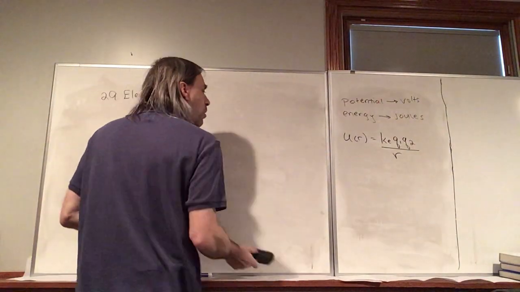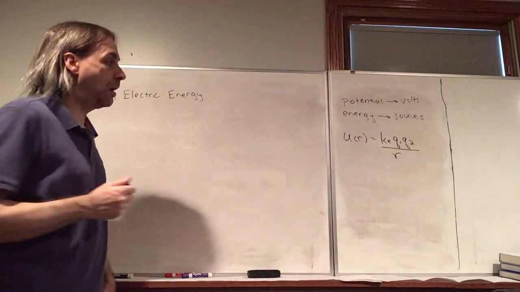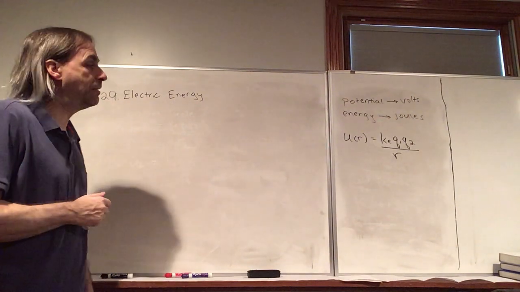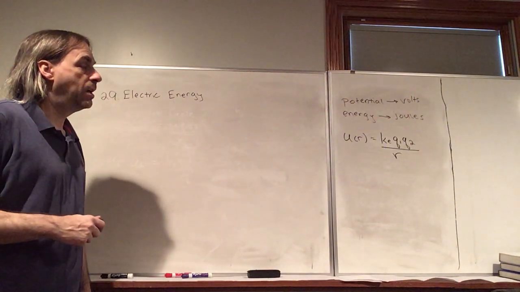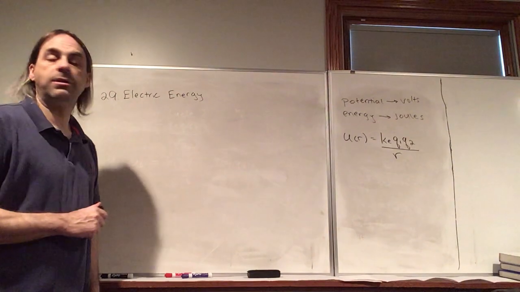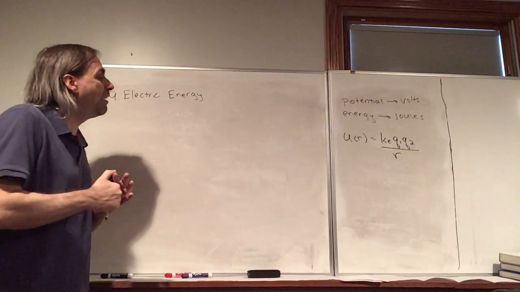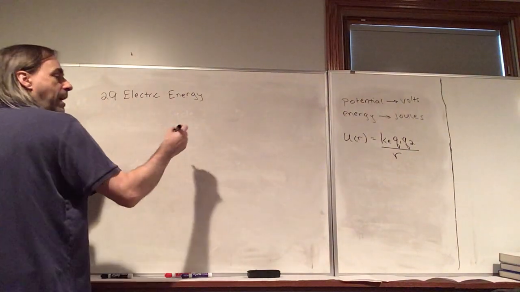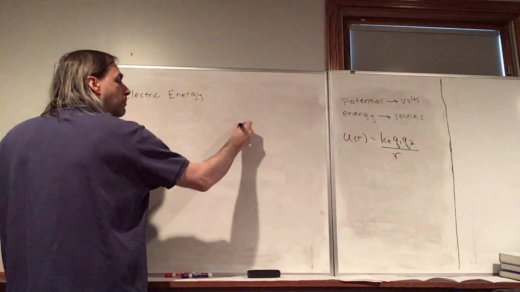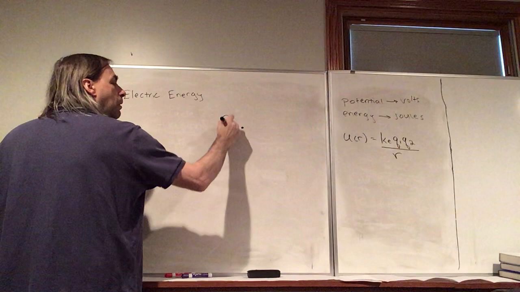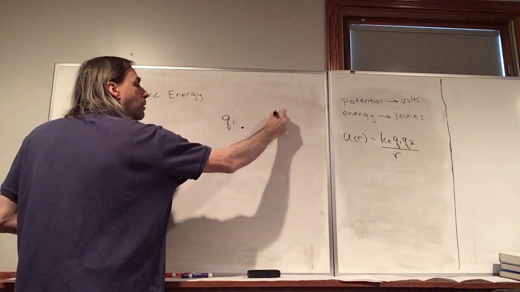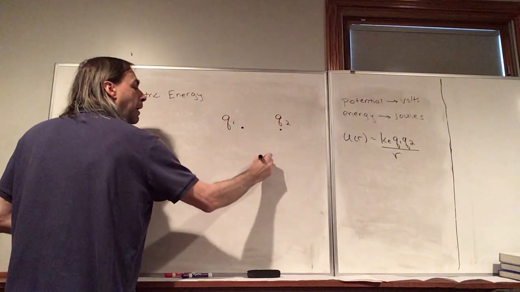And what if we have more than two charges? Let's say we had a charge distribution. Let's keep it simple and say we have three charges, Q1, Q2, and Q3.